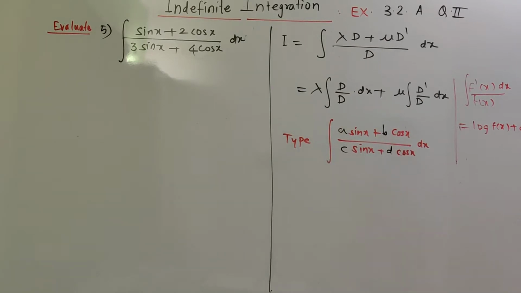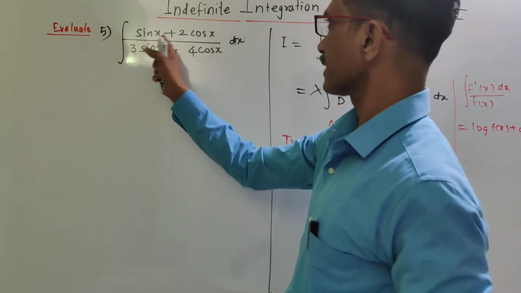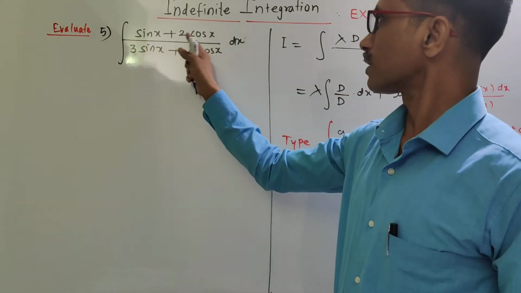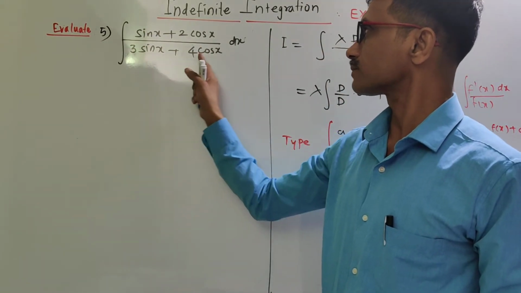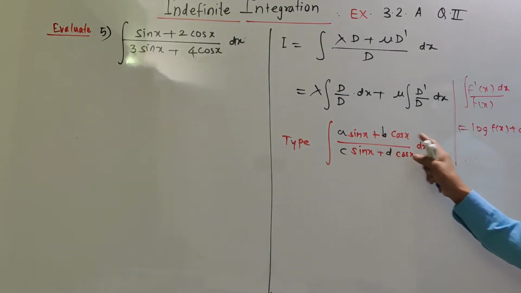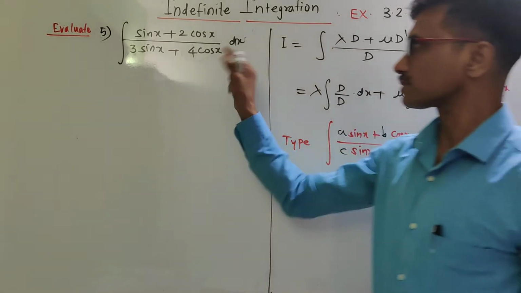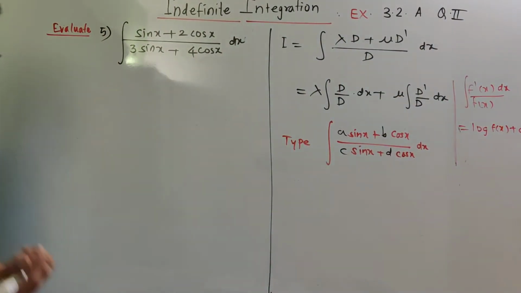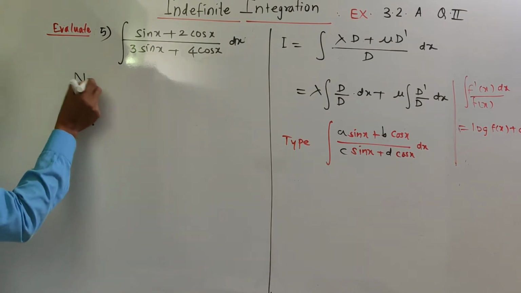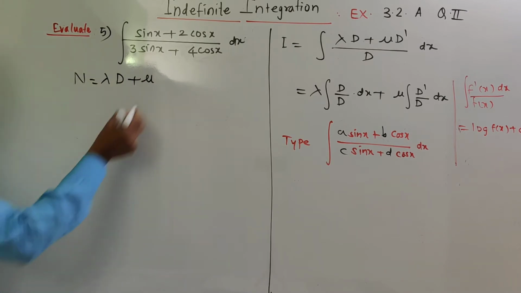Question number 5. See, question number 5 is of this form: a sin x plus b cos x upon c sin x plus d cos x. So in such integrals, our substitution is like this: numerator is equal to lambda into D plus mu into D dash.